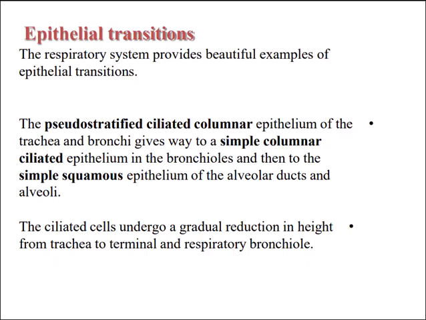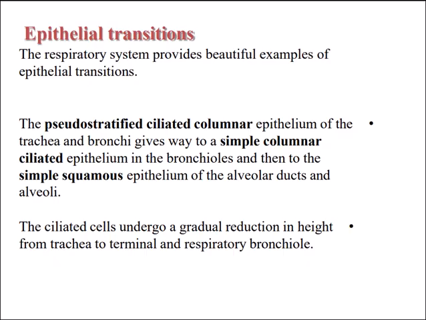And then we have epithelial transition in the respiratory tract. As air moves from the upper airway to the alveoli, the epithelium becomes thinner, simpler, and more specialized for diffusion. We have the proximal airway. This structure is trachea and bronchi. Their epithelium is pseudostratified ciliated columnar epithelium with goblet cell. Almost all the respiratory system, if you can see, is pseudostratified ciliated columnar epithelium, and it's very important.